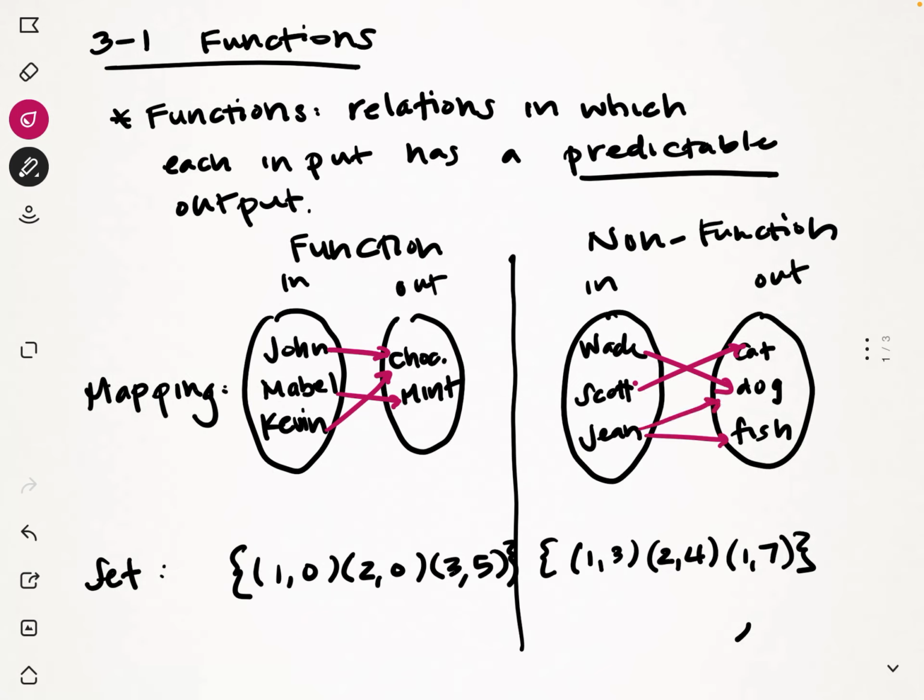This is no longer a function because Jean's output is a dog and a fish. If I asked you what is Jean's pet, some people might say dog, some people might say fish, it depends, or she might say both, right? So this one is not a function because Jean has two outputs.